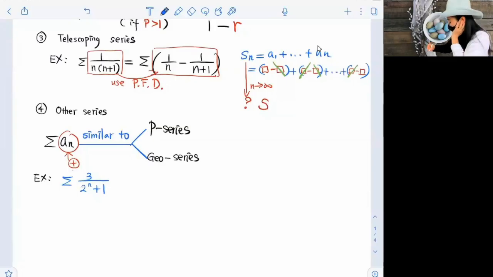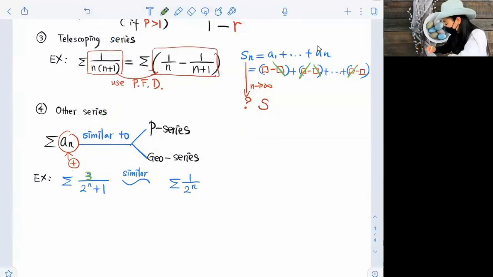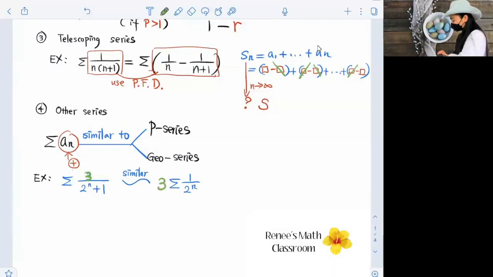Well, you think this one here is similar to which series? Gloria says 1 over 2 to the n. Yes, 1 over 2 to the n. And for this 3 there, you can think about this 3 here as a constant multiple. You can put it in front, right? 3 times that.